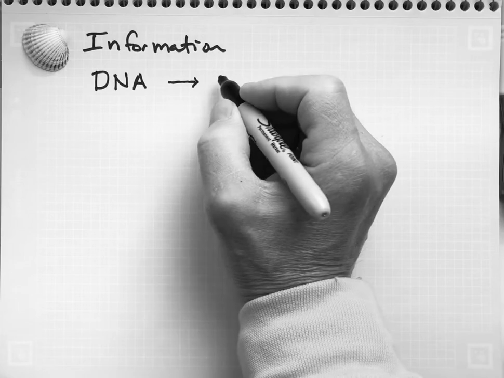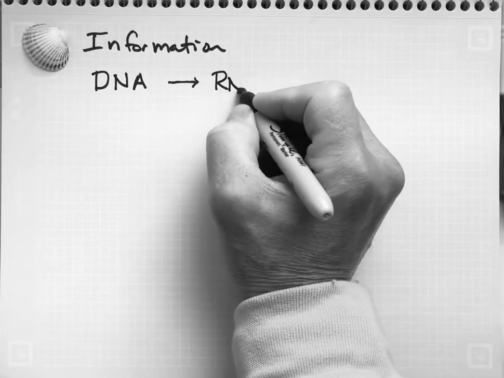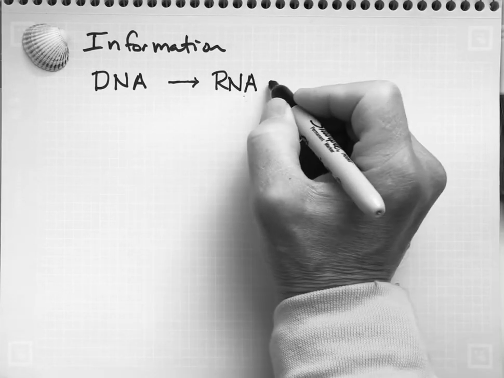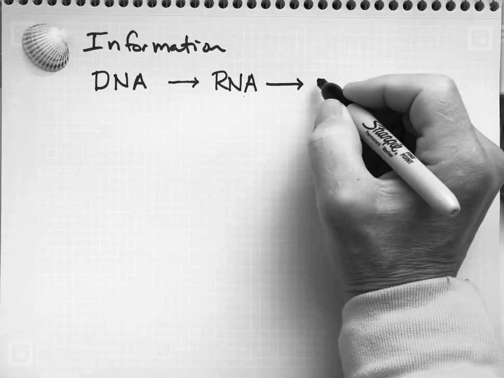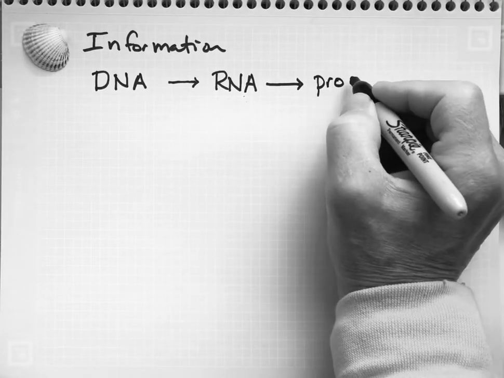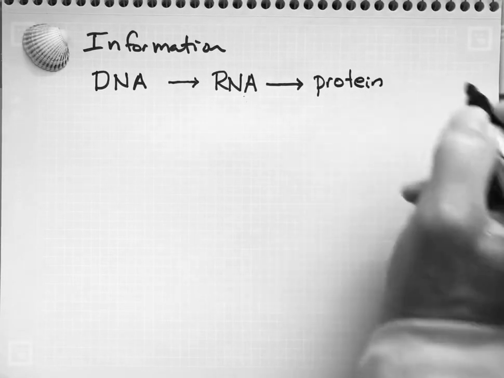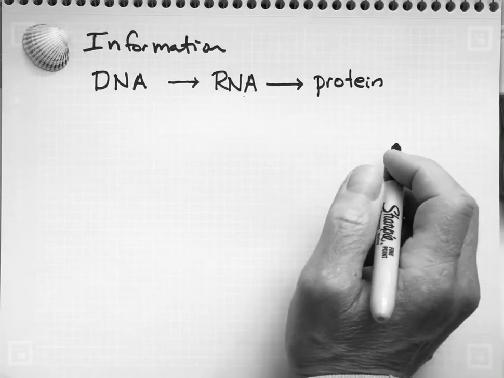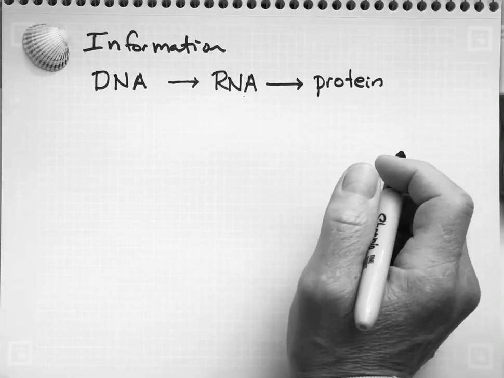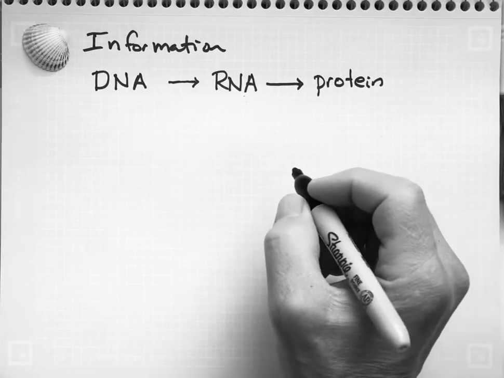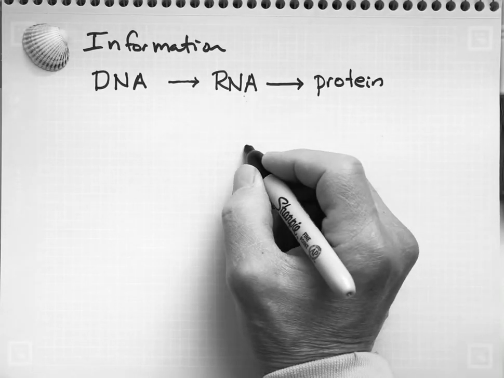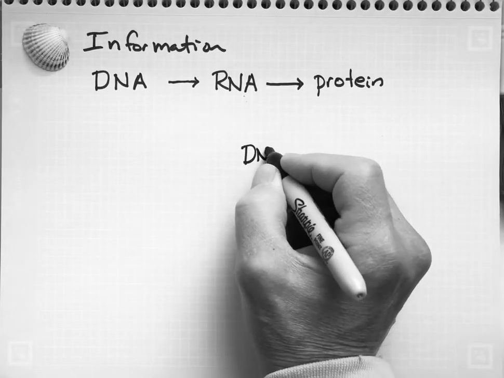It gets transcribed to make RNA, and that RNA is then translated to make proteins which execute functions of the cell.